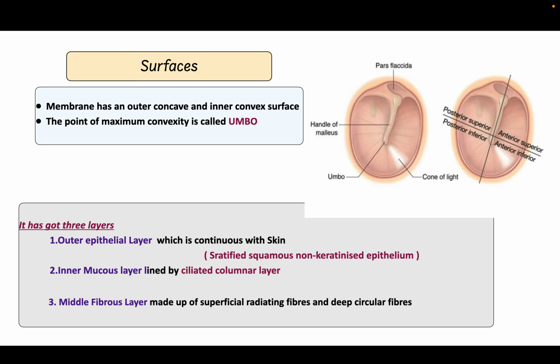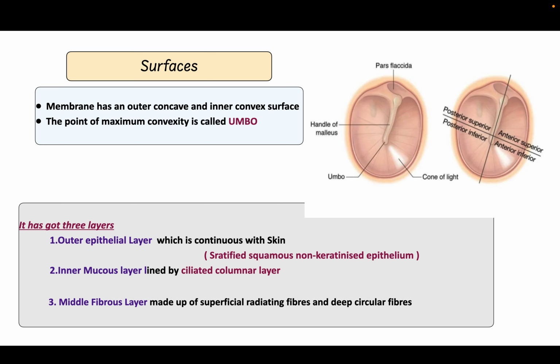Now coming to the surfaces, this membrane has an outer surface which is concave and an inner surface which is convex. The point of maximum convexity is called the umbo. Now it has three layers. The outer epithelial layer is continuous with the skin, with stratified squamous keratinized epithelium covering it, because this portion of the tympanic membrane is facing towards the external auditory meatus, so it is lined by the skin.